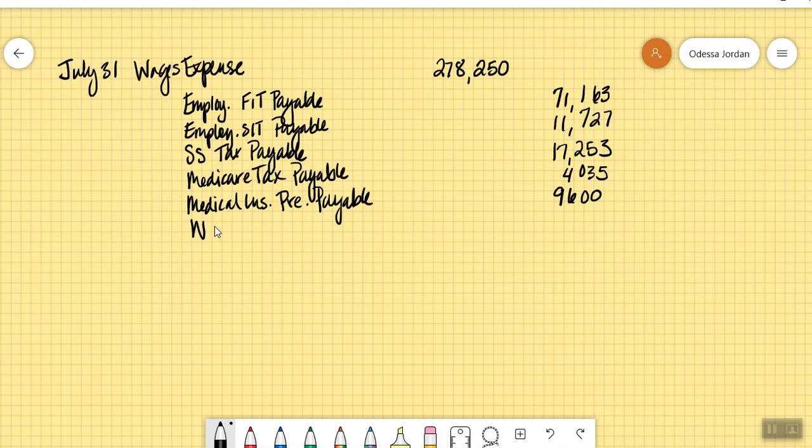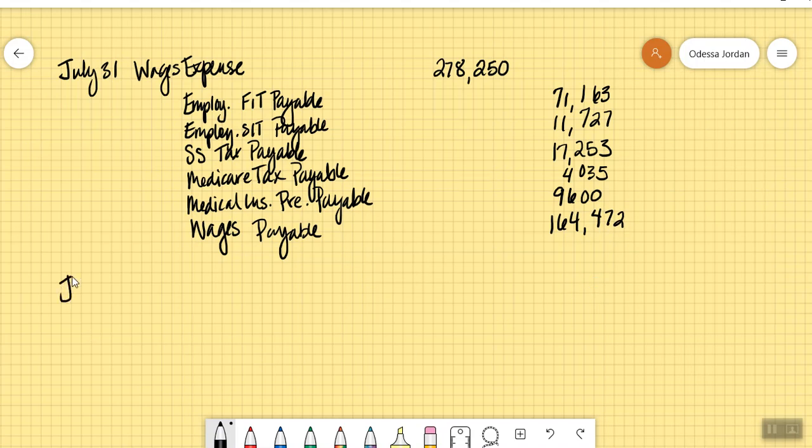And then we have wages payable, and the wages payable reflects the wages expense minus all of these withholdings. And so that comes up to be 164,472. So that records the payroll.